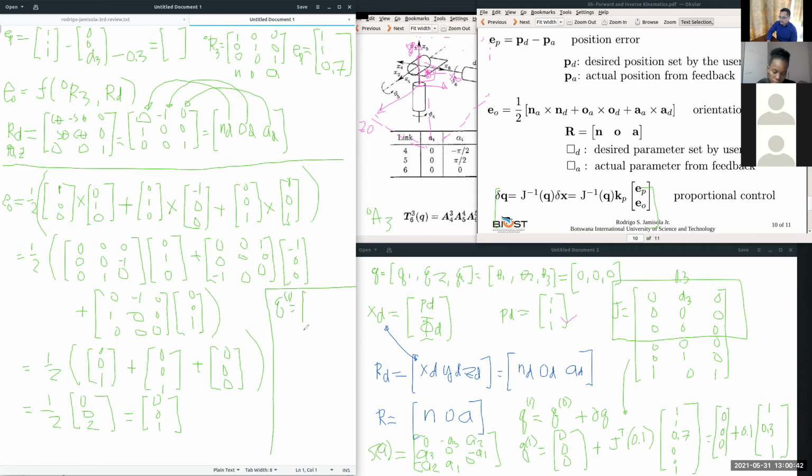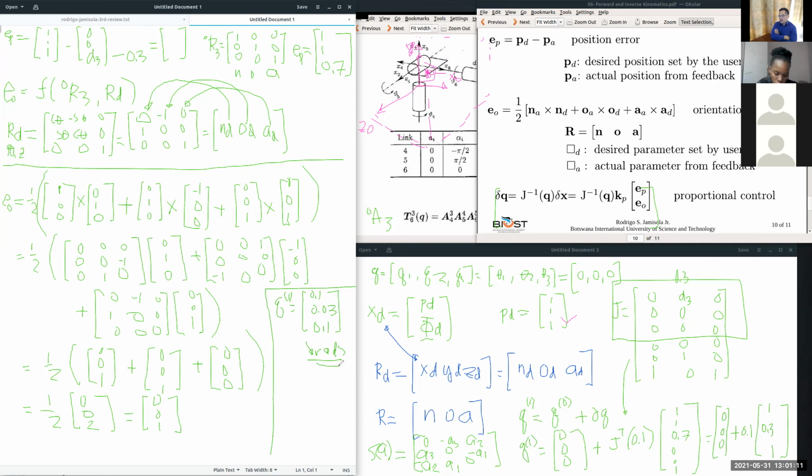So now this is 0.1, 0.03, and 0.1. There you go. And this is in terms of radians. So you step in terms of those radians. That will be your new value.